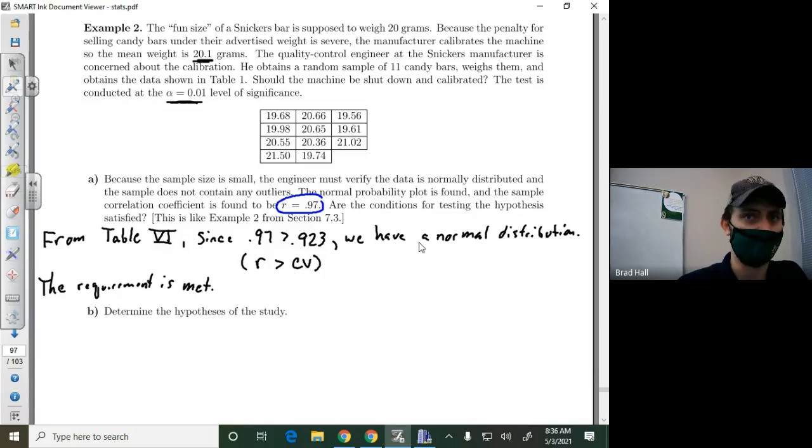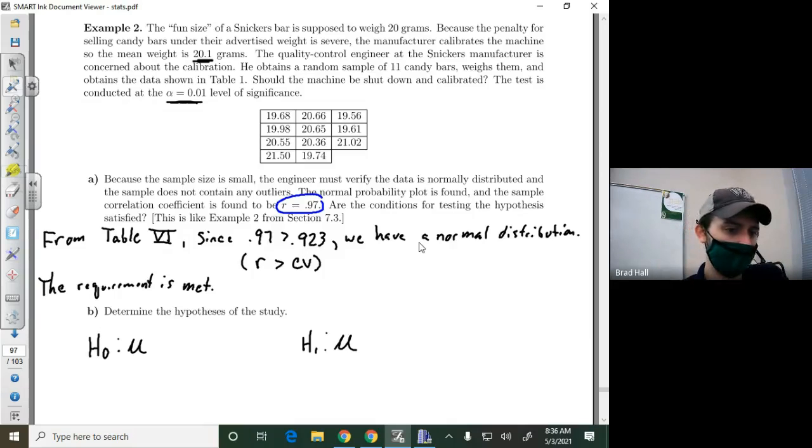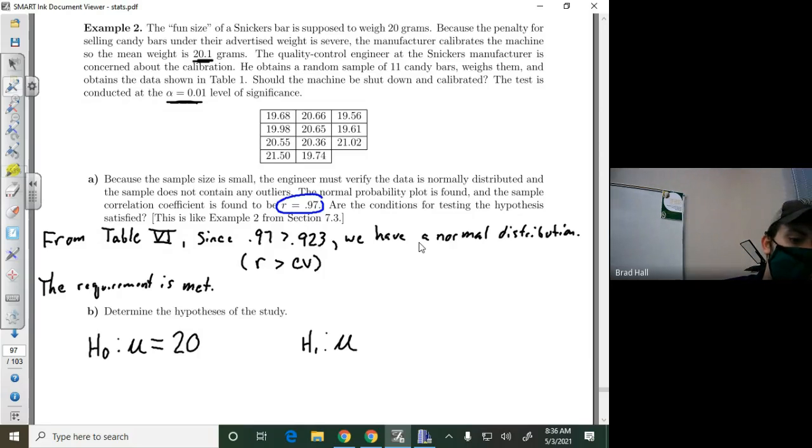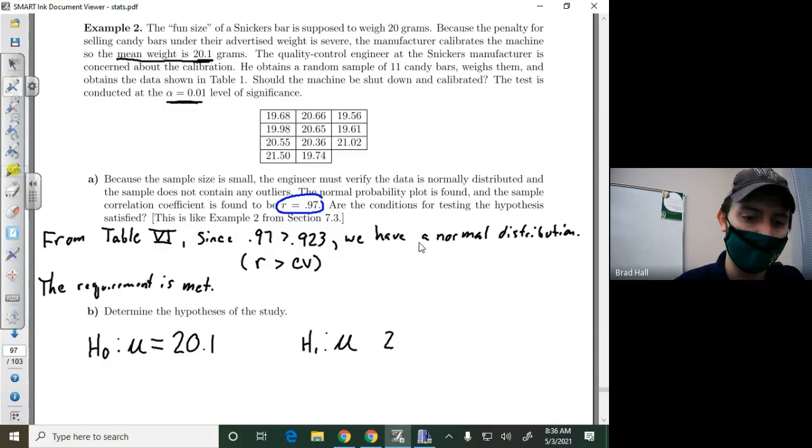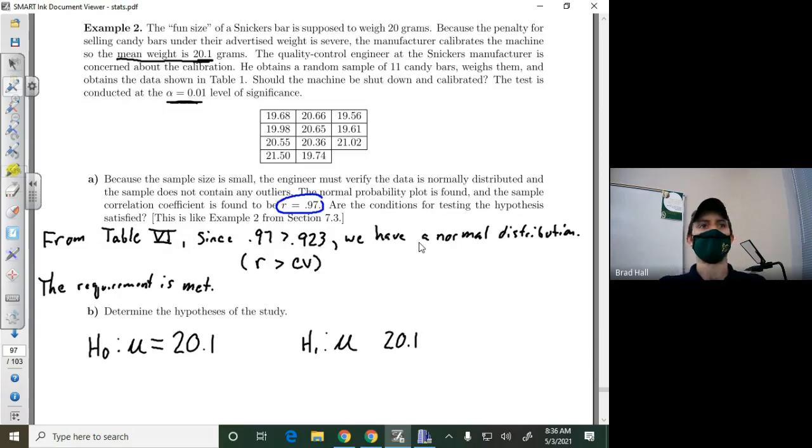Let's determine the hypotheses of the study, which again means there's an H0, there's an H1. We're dealing with the mean, so I'm putting down the mean. The assumed mean here, the machine's mean weight is told to us to be 20.1, as it says up here. It even says the word mean. So we're just assuming that this mean weight is 20.1, and that's what we're testing.